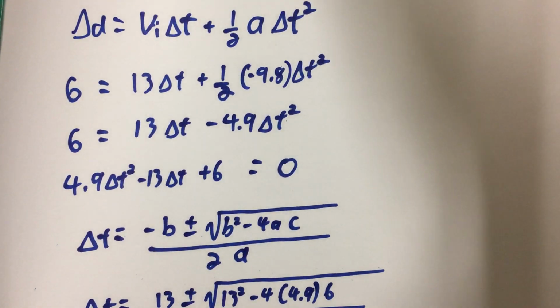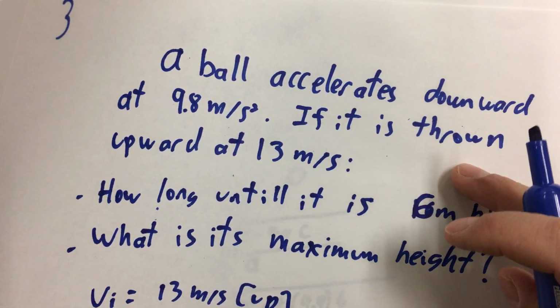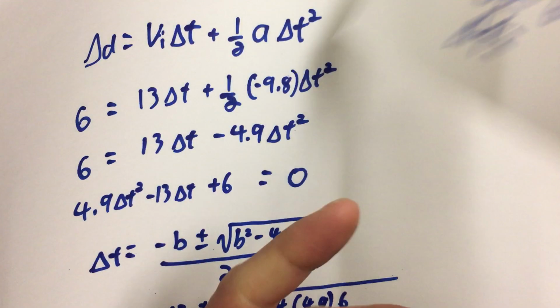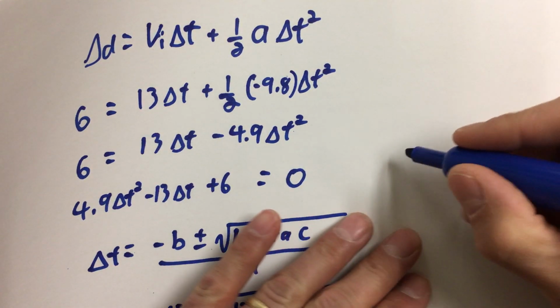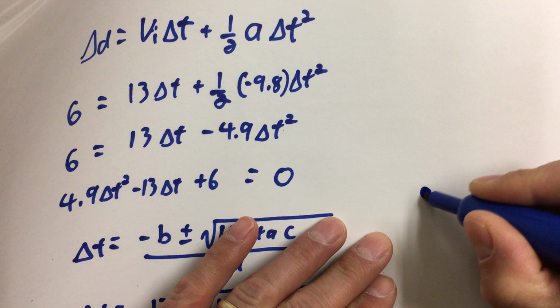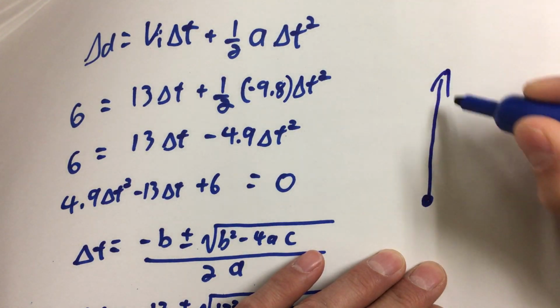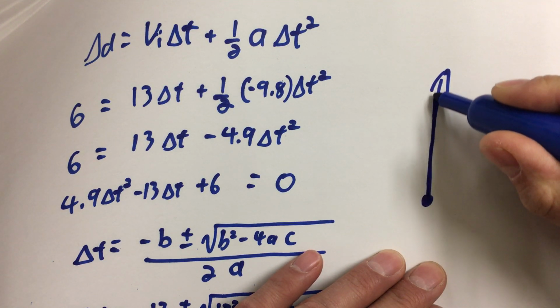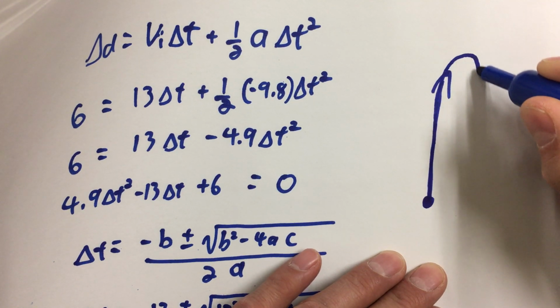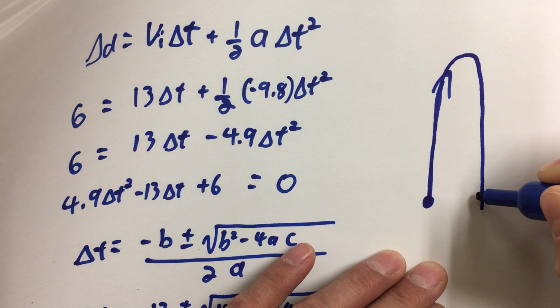Remember the question. A ball accelerates downward, but it was thrown upward. So if we look at the ball's motion over time, that ball started out here, it was thrown upward, but because it accelerated downward, it made its way up and then slowed down and made its way back down.